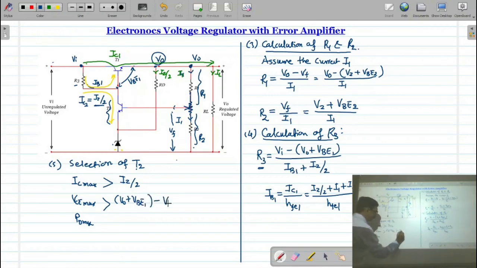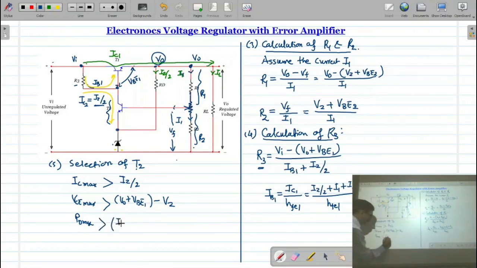The collector potential is VO plus VBE1 and the emitter potential is VZ, so this difference must always be less than VCE maximum of the given transistor. And if you take the product of this, that will give you the power dissipation.